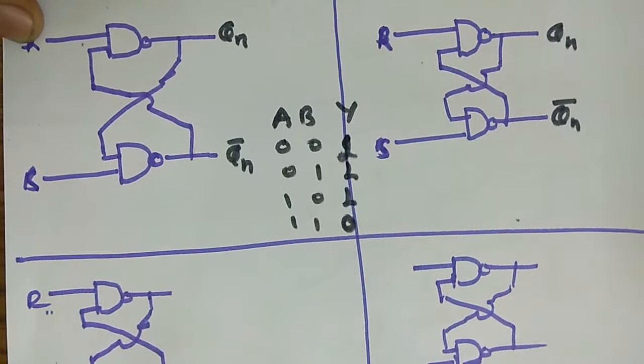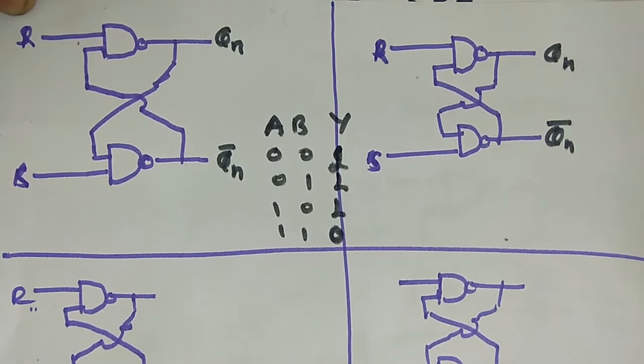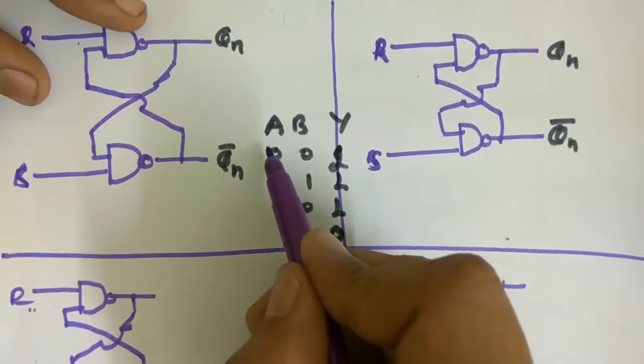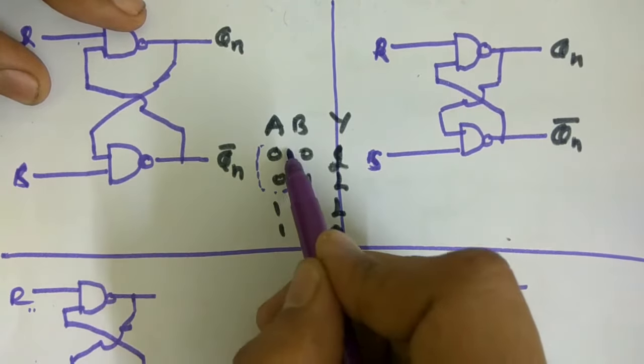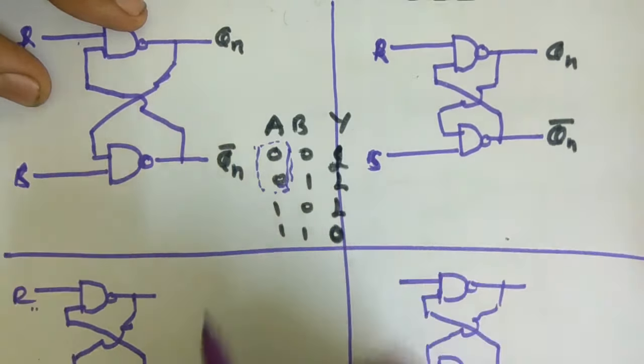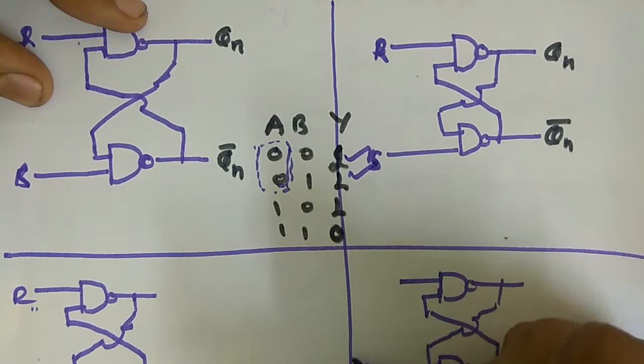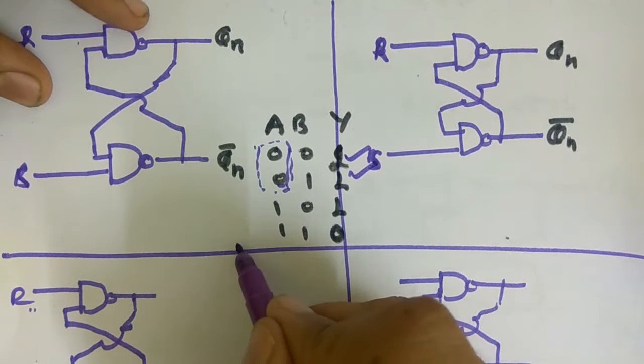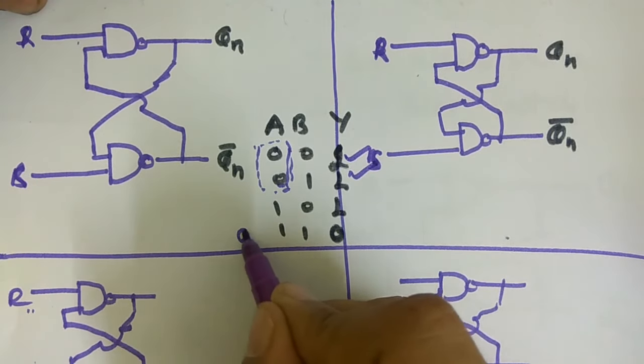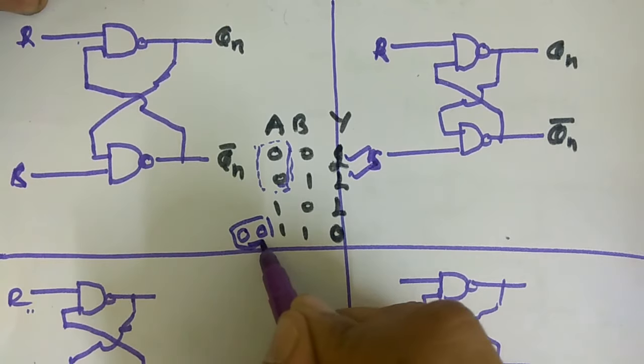So guys, what we have to see is the SR NAND latch. First we have to see what the disable input for a NAND gate is. So here see, when any one input is 0, then the output will always be 1. So here the disable input is 0.